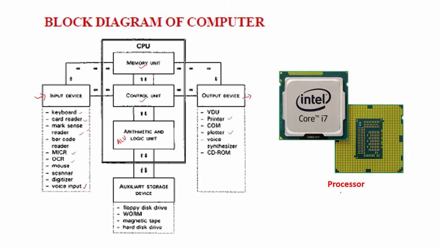On the right side you are seeing the processor. This processor is going to decide the speed of operation. It takes the help of RAM and other components; later we will discuss cache memory, virtual memory, and all that. So the processor decides how fast an operation is computed inside the system.